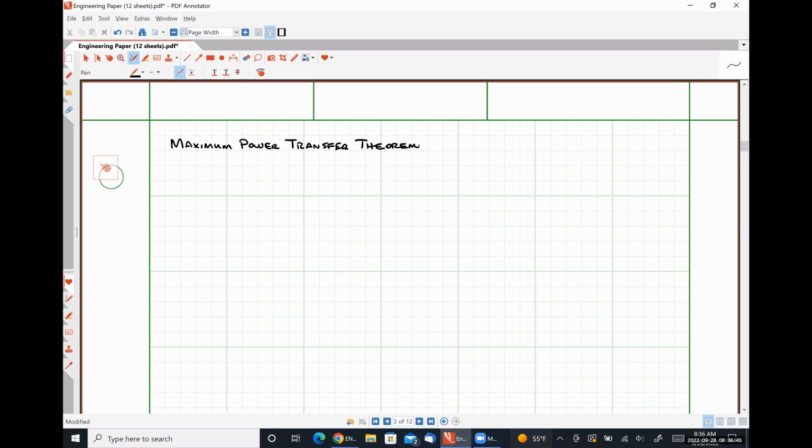So the maximum power transfer theorem answers the question, what is the maximum amount of power that can be delivered by a practical source.